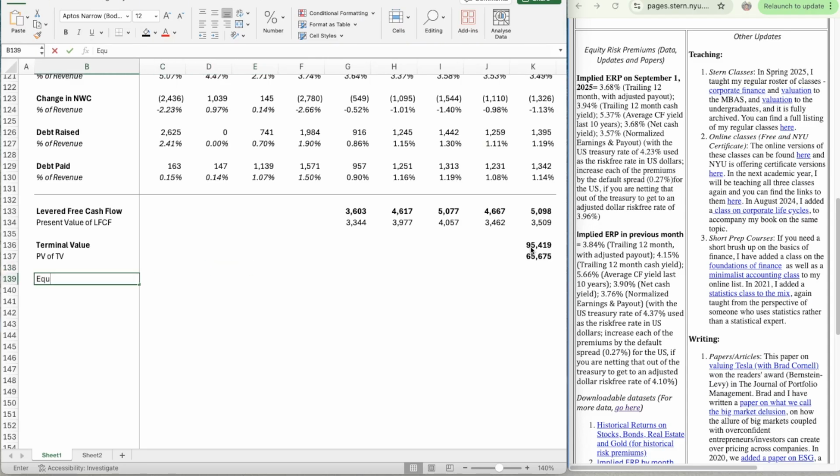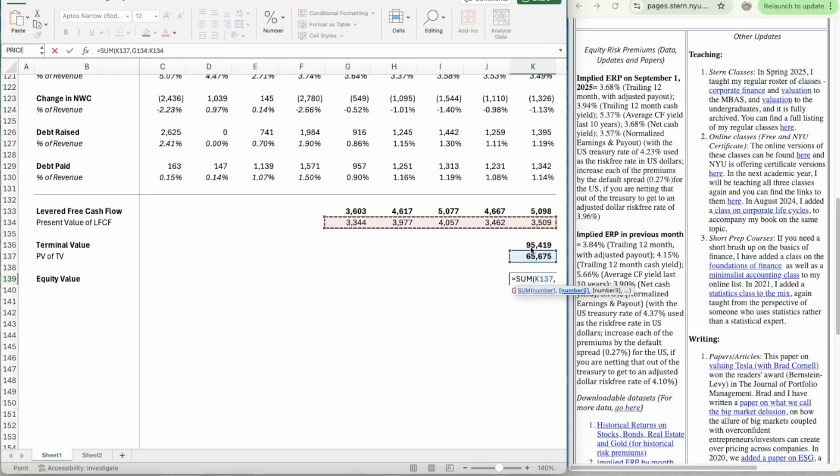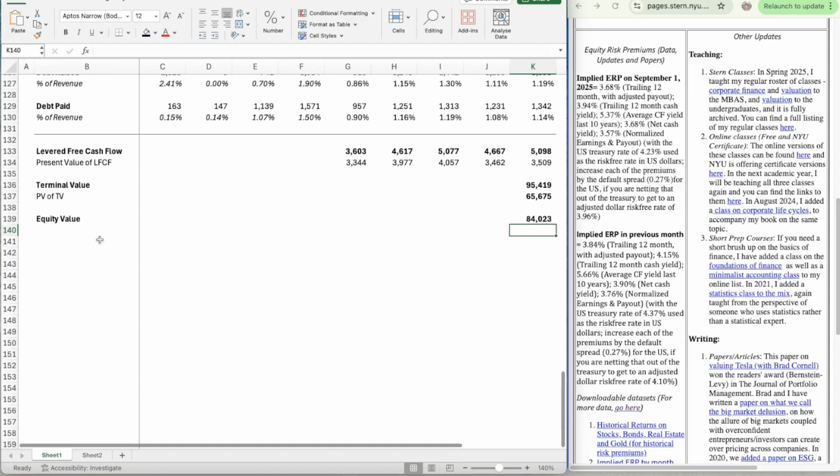Now the equity value, because we're not taking into account the debt, we say the equity value is the sum of the PV, present value of the terminal value, and we add up the present value of the levered free cash flows, and that gives us 84 million.